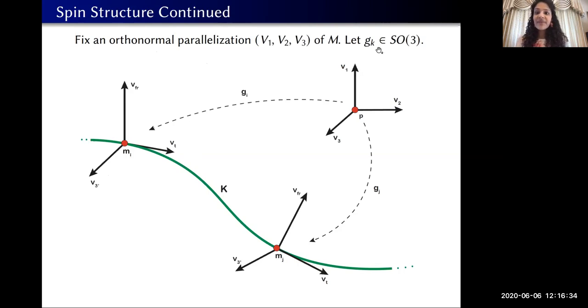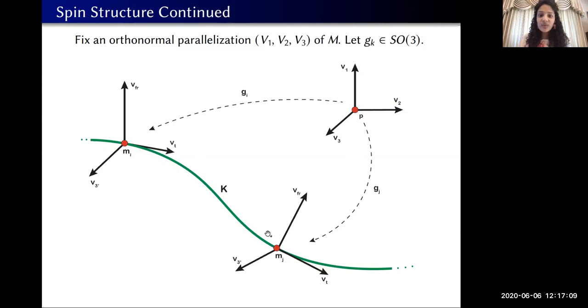So we have a map Gi which lies in SO3, which takes these 3 vectors to these 3 vectors. Then we travel along the knot and say we come to the point Mj, and we have another map Gj in SO3, which maps these 3 vectors to these 3 vectors again. So as we travel along the knot K, for each point on the knot, we have a map Gk in SO3, which maps this vector system to a vector system incident at a point on the knot.